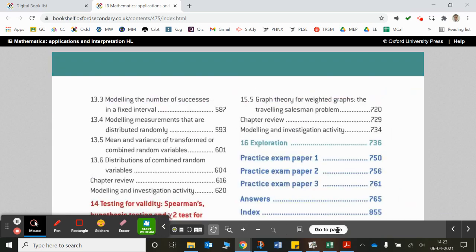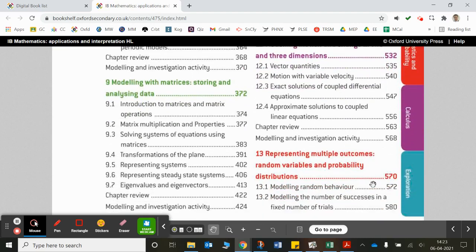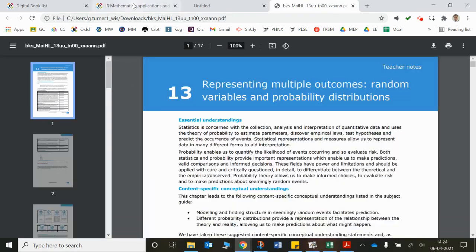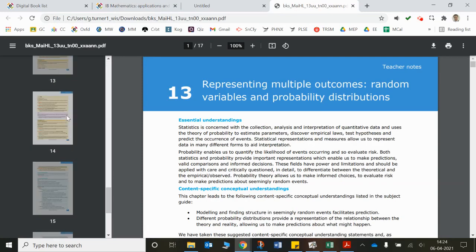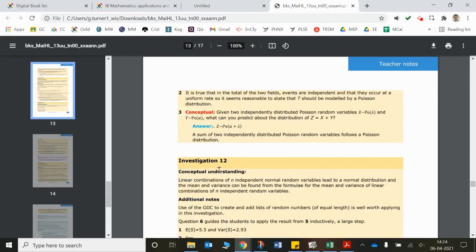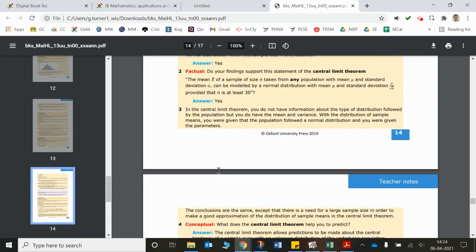So the start of the chapter was on page 570. And if you go to the teacher notes, let's open this one up. You can find, I think it was investigation 8. I've lost it now. It's probably right at the bottom. So investigation 12, no, that's not what we want.